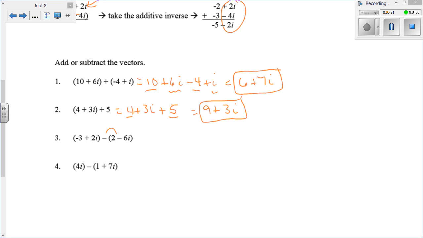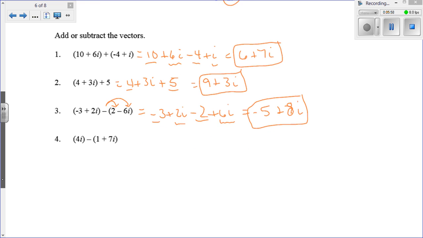Now here I need to distribute my negative. So I have negative 3 plus 2i minus 2 plus 6i. So negative 3 and negative 2 is negative 5, and 2i and 6i is plus 8i. So negative 5 plus 8i.